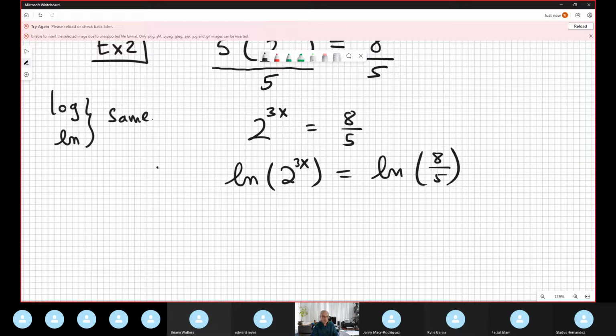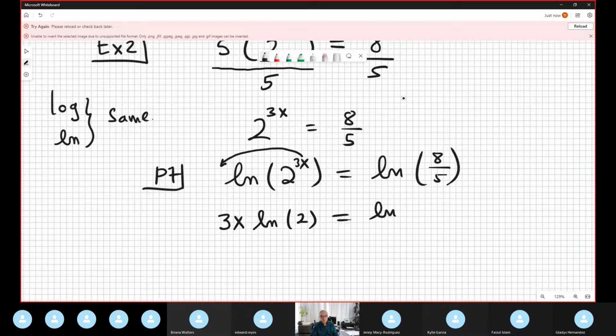And apply one more time property 7 to allow this exponent to go to the front, like a factor. 3x logarithm of 2 equal ln of a over 5. Okay, so my goal is to solve for x, dividing both sides by 3 ln 2.